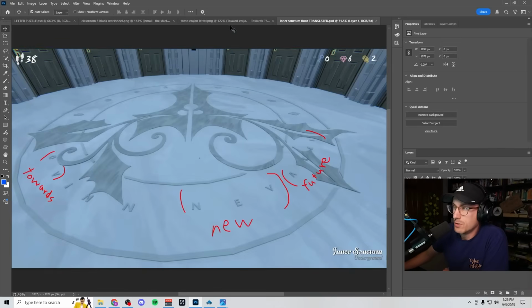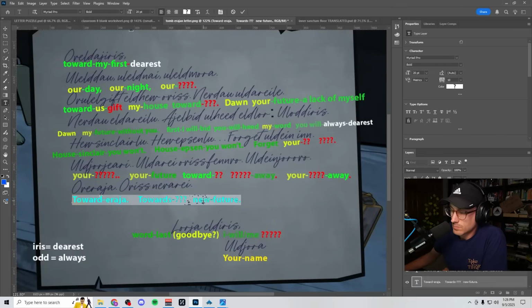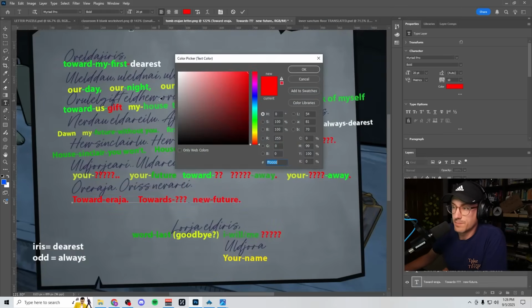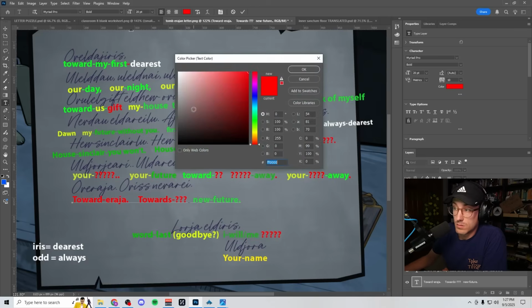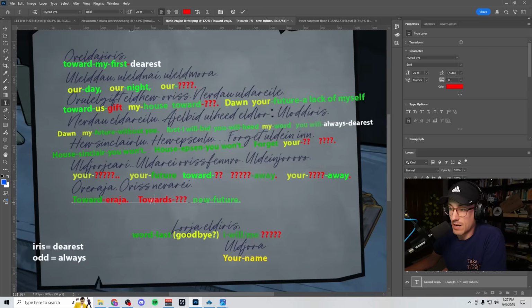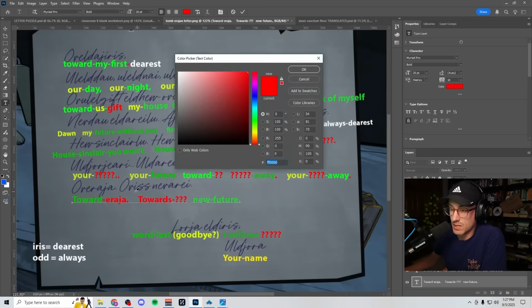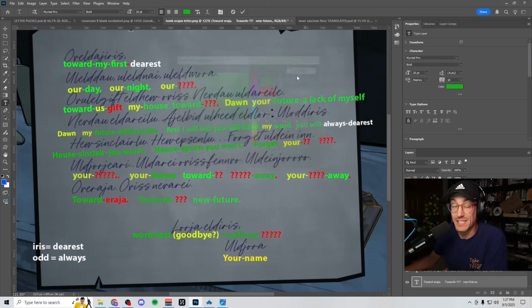The start of the future or a new future. So that's green. Toward is green. Iraja itself, we can keep it red for now. I mean, does it just mean the nation, or does the nation mean something that I don't know? Does that make sense? We can say is here.